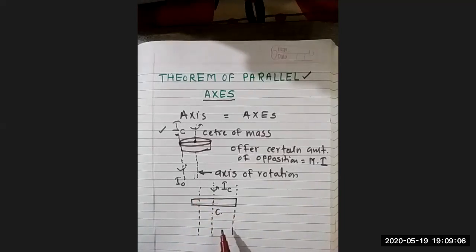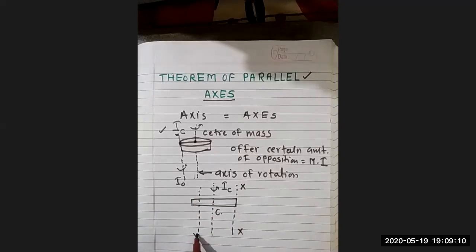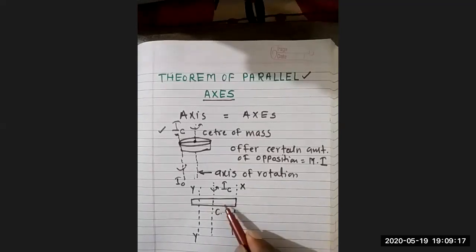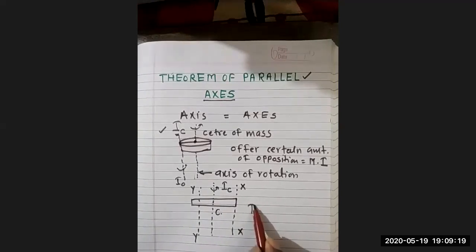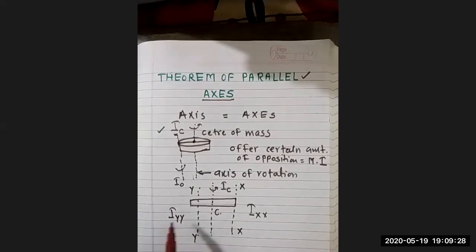So in such cases, say this is axis XX and this is axis YY, and we want to calculate the moment of inertia of this object about these axes. I'm going to denote it by IXX, or the moment of inertia about axis YY by IYY.